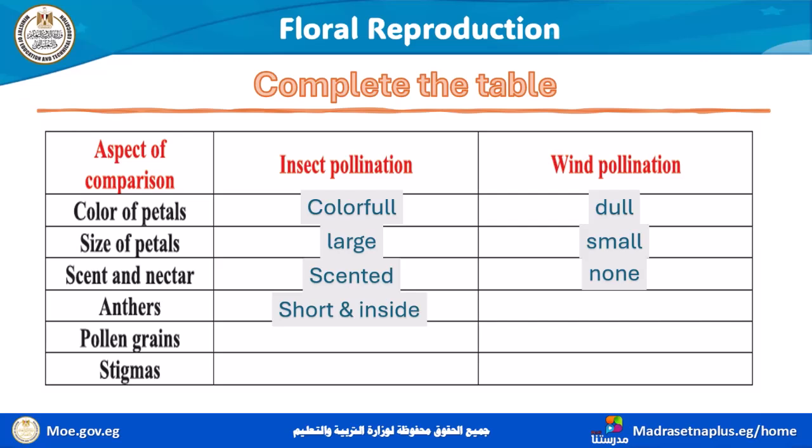In case of wind pollination, the anthers are long and hang outside the flower to allow the pollen grains to be spread into the air and allow the wind to carry these pollen grains from one flower to another.